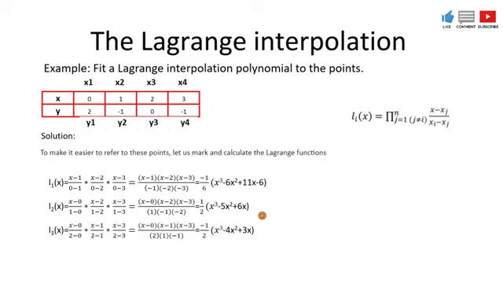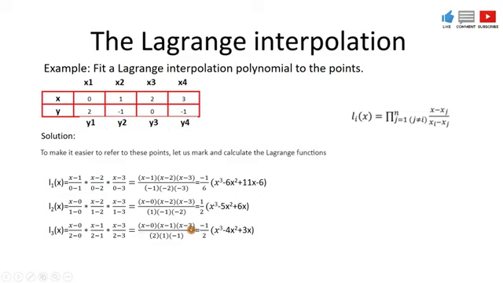For the third one, we fix x3. As we see, we fixed x3 at 2, 2, 2. So x minus 0, x minus 1, x minus 3 over 2 minus 0, 2 minus 1, 2 minus 3.